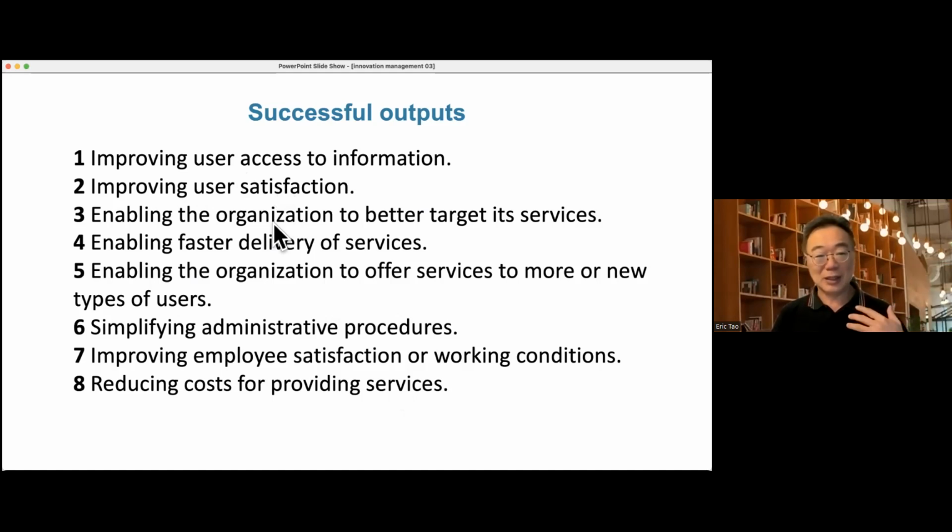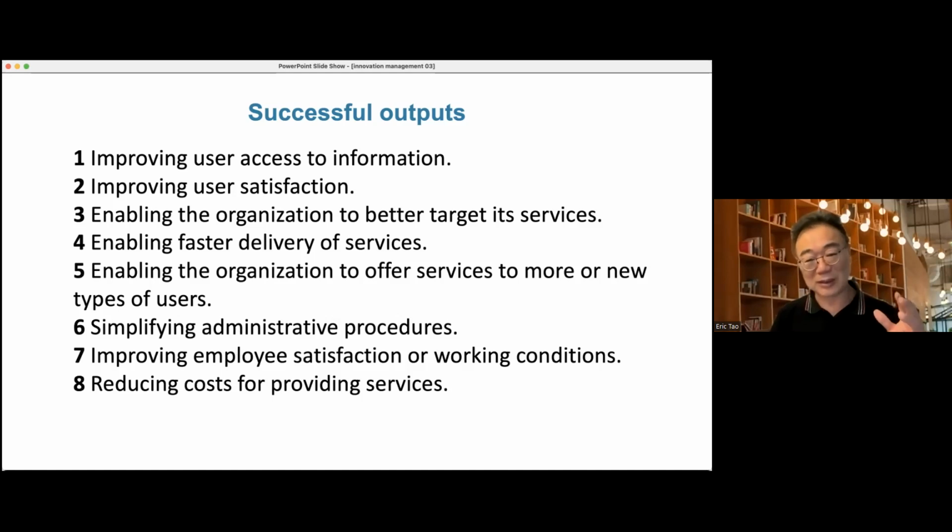You want to make sure that different government agencies can target their service sector better. You want faster delivery of services, and you want to enable the organization to serve more users or different types of users.